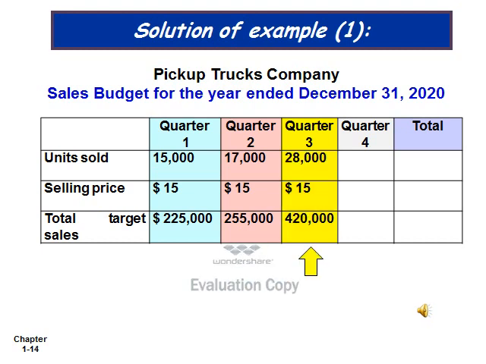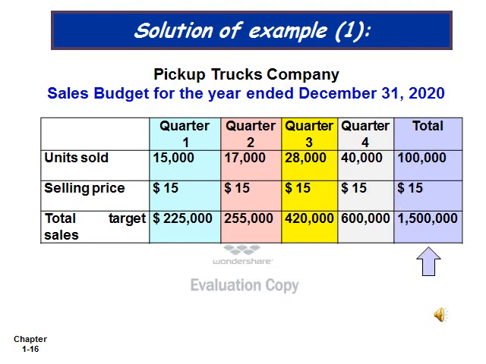In quarter 3, units sold are 28,000, selling price is 15, so 28,000 times 15 equals 420,000. In the fourth quarter, units sold are 40,000 times $15 equals 600,000.